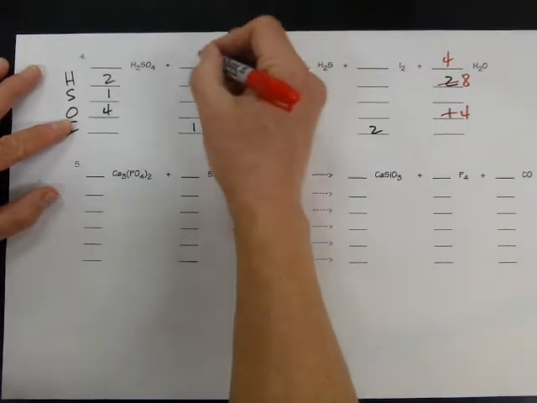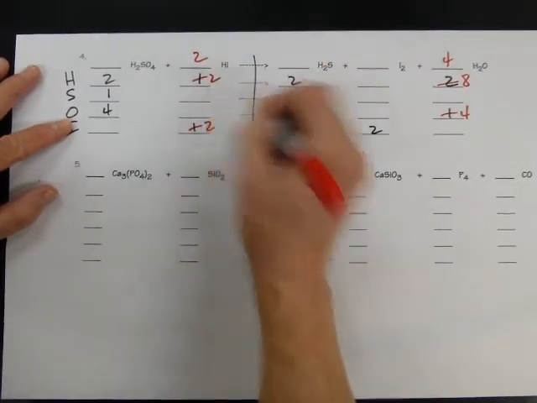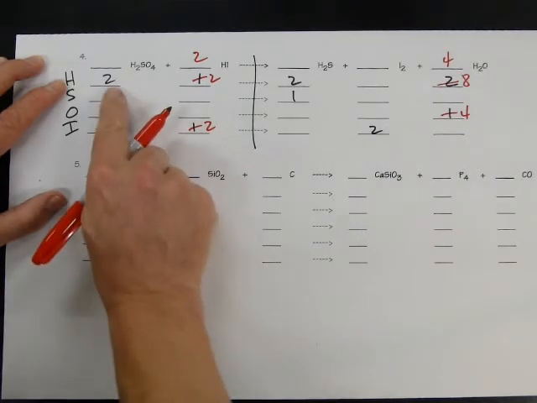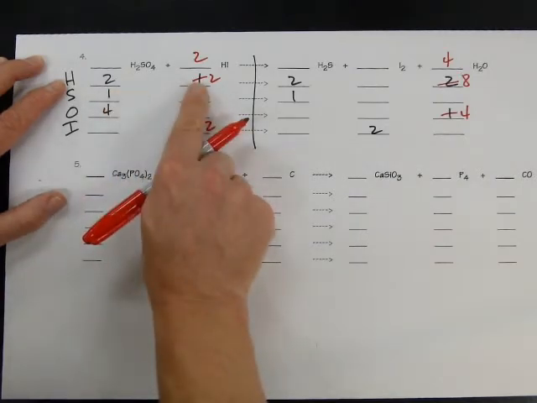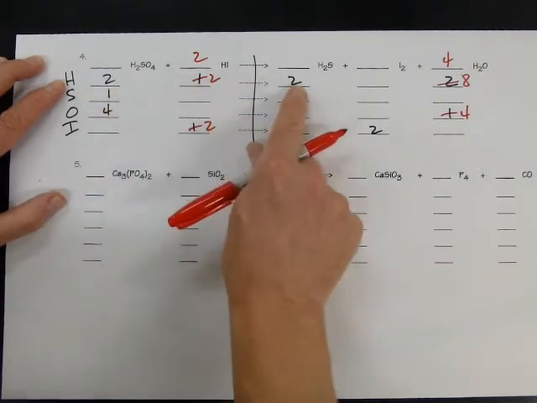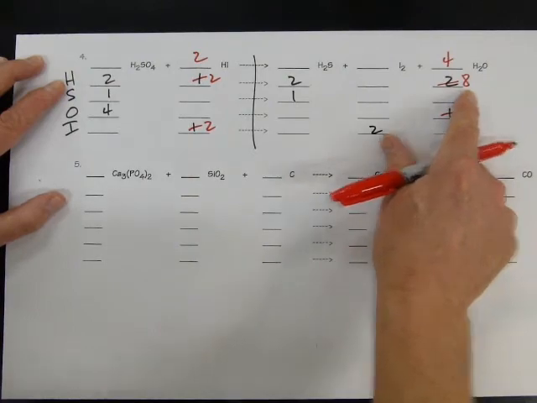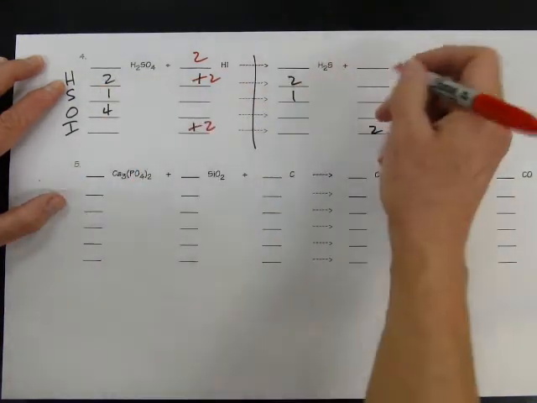Okay, so if I do a 2 here, and 2 and 2, and that's not fixing things here because now I've got 2 plus 2 makes 4 hydrogens, and 2 plus 8 makes 10 hydrogens on this side. So maybe what I really want is 2 plus something that equals 10.